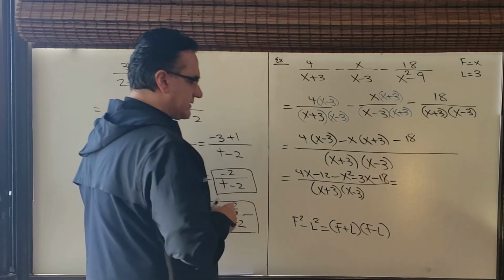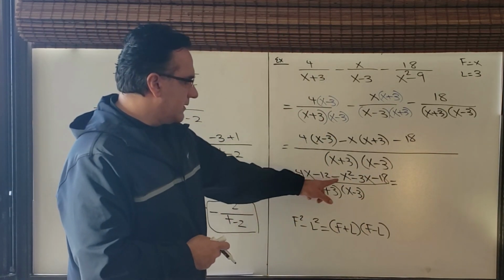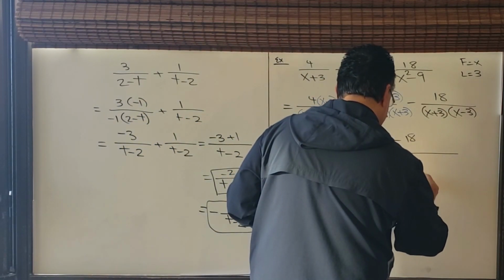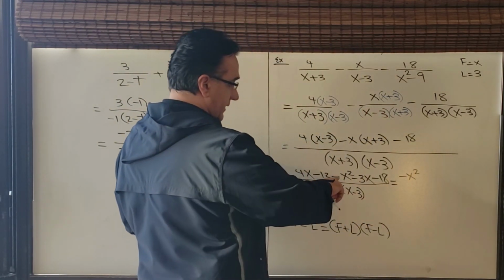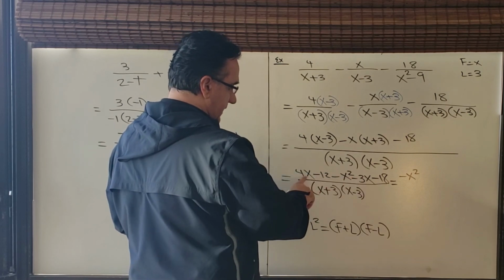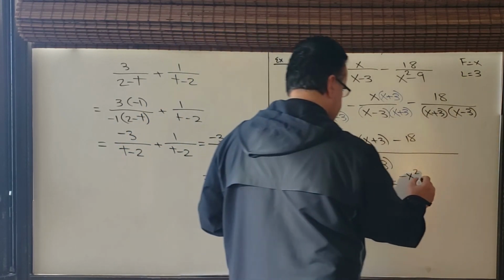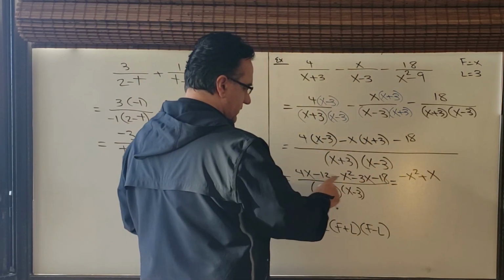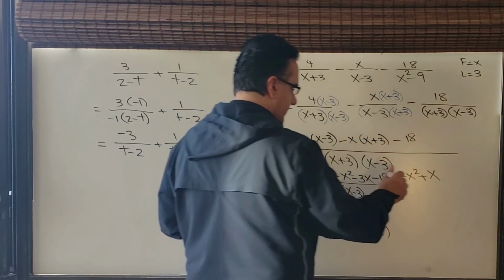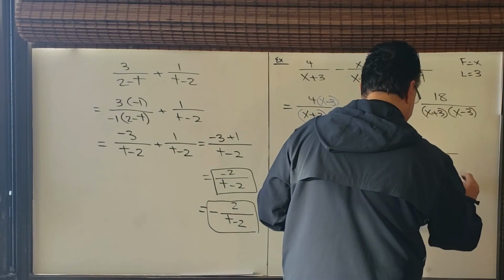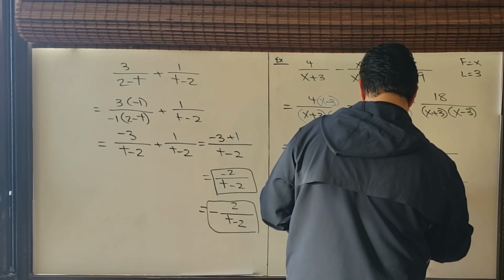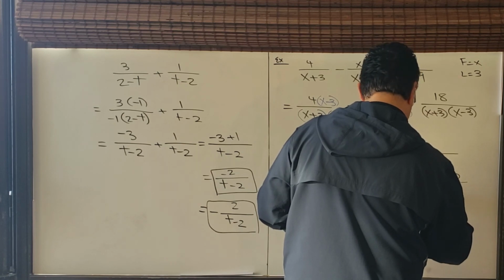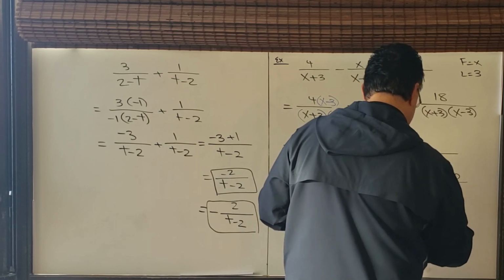We continue with simplifying. So we notice that we get negative x squared, and the two x terms give us plus x, and those two combine to give us negative 30 over x plus 3 times x minus 3.